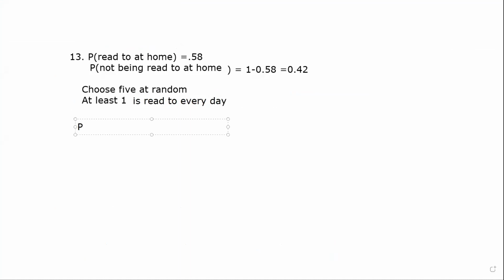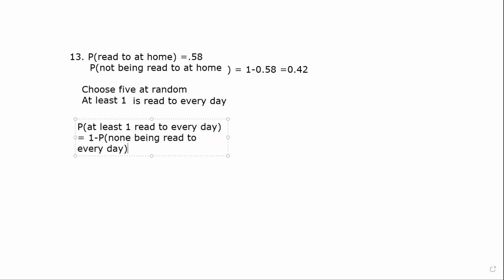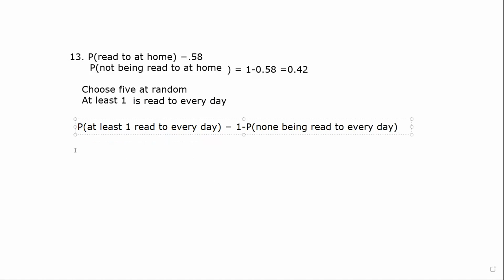We're going to have the probability of at least one read to every day is going to equal 1 minus the probability of none being read to every day, which is why I needed the complement up there of 42%. So now I can write this as 1 minus.